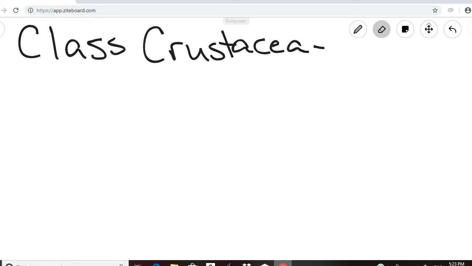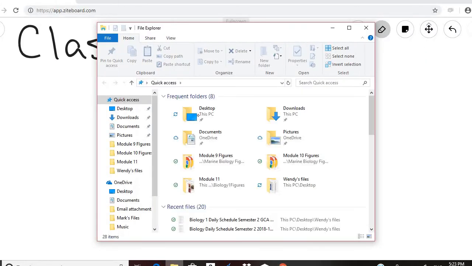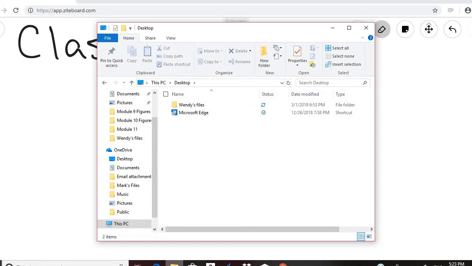It's just that one lives in one environment, the other lives in another. Okay, so then we began to take a look at some of the structures in class Crustacea. And let's see, I need to find some of these figures.